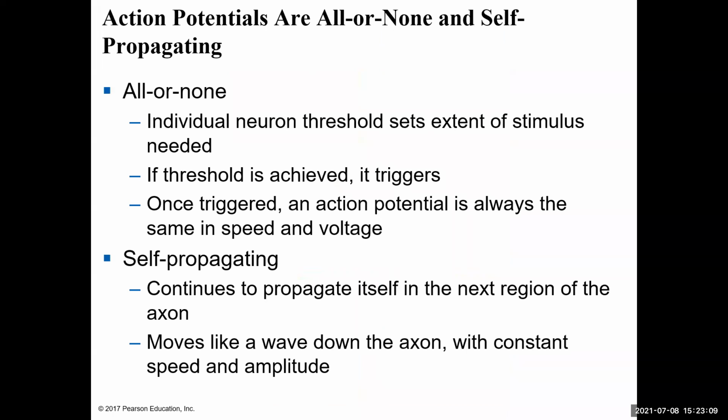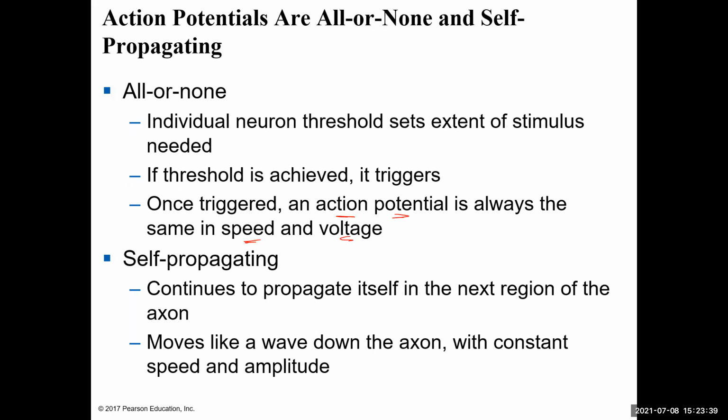Now, a couple things we want to mention about the action potential is that it's an all or none process. When the threshold is met, an action potential happens. It either triggers or it doesn't trigger. That's interesting too, because that means the action potential is always the same speed and the same voltage for the same type of neuron.